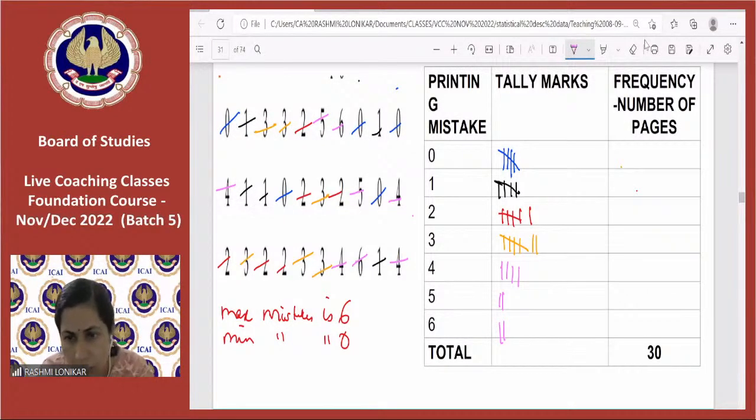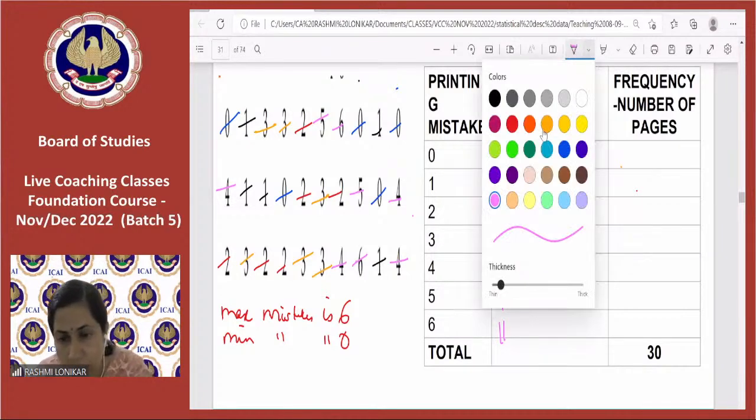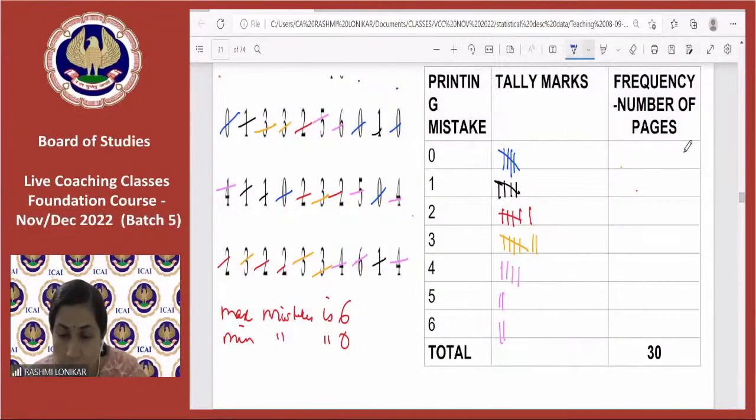Let us see. I'll first put them and see whether they add up to 30, because there are 30 pages. So the number of errors cannot be more than 30. So this is 5, 5, 6, 7, 4, 2, 2.